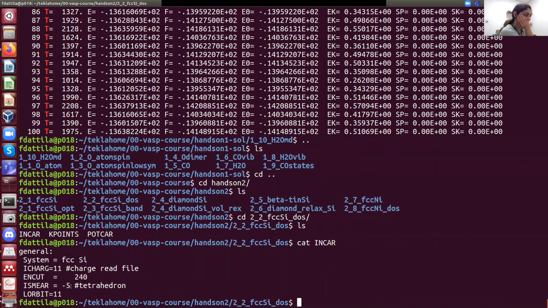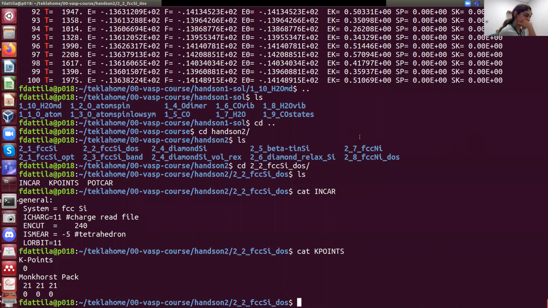Yeah, exactly. So just to check. So you see, it's not what I just told you. It's different because I forgot and now I remember. This tetrahedron method is something that you apply on top of the Monkhorst-Pack. So you always use the Monkhorst-Pack to generate the mesh, and you're happy with that.